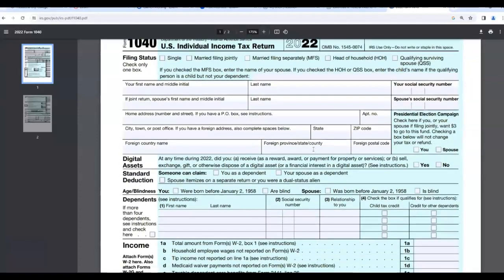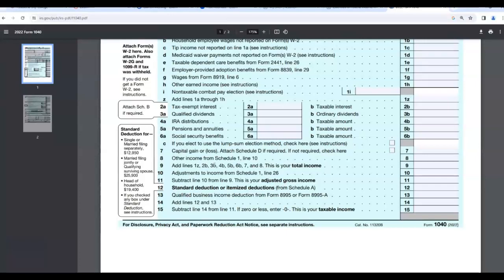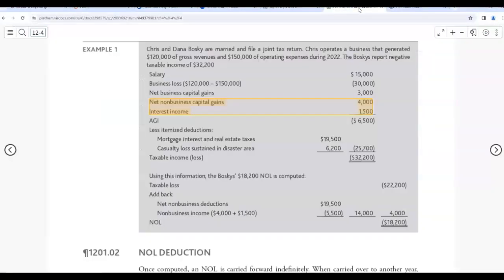Okay, so this is Form 1040, let's say for 2022. Here you see that line 8, other income? That's where it goes. And in the dotted area, which comes from Schedule 1, you show NOL, and then you show minus 18,000, whatever it was, 18,200.